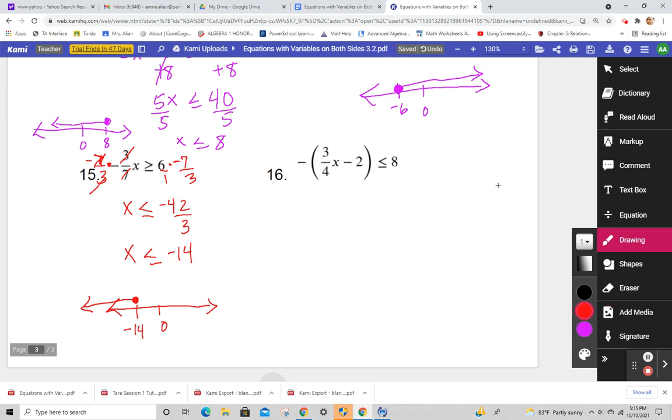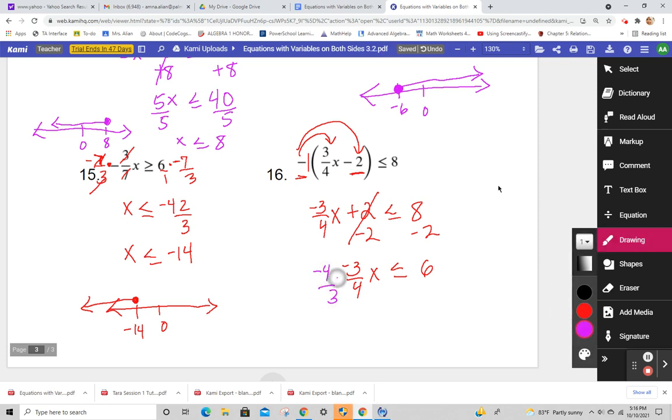All right, so some students get confused when there's a negative outside and there's no number. Well, you can just always insert a 1, okay? And now you can distribute this. Negative 1 times 3/4 x is negative 3/4 x. Negative 1 times negative 2, so you have a negative and a negative being multiplied. So that's same signs positive, it's going to give you positive 2. Less than or equal to 8. Subtract 2 from both sides. And now we're going to multiply both sides by the reciprocal.